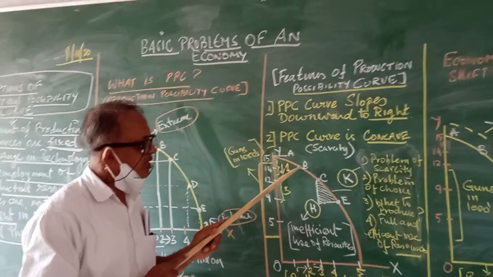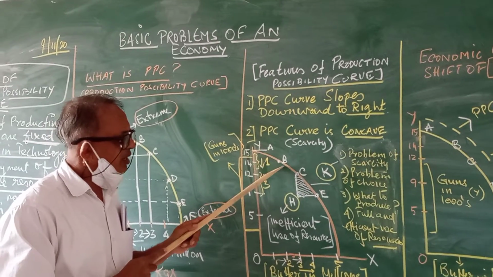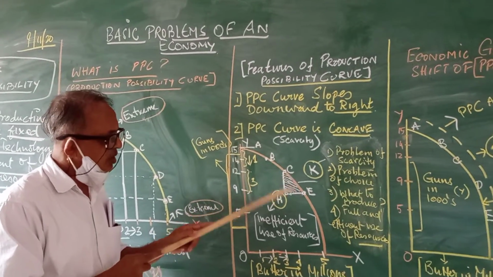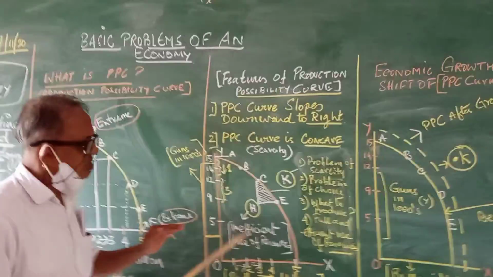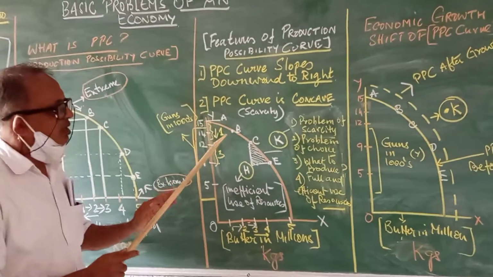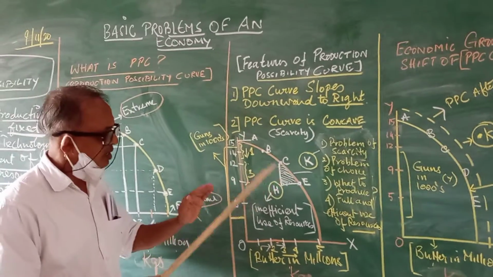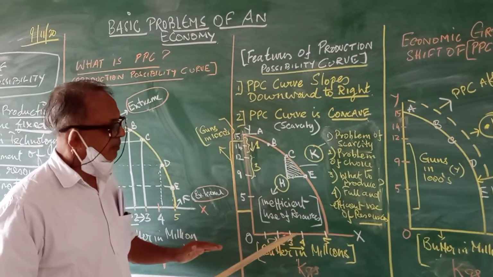So either the economy can choose to produce A or B or C or E or F. So this is how the production possibility curve comes to our help as a tool.